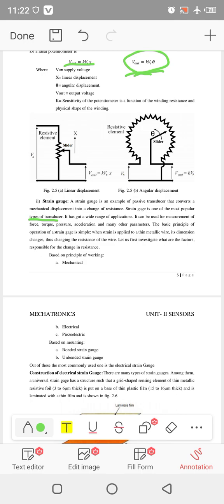The strain gauge is attached to a metallic body, and thus it changes the resistance of the wire. Let us first investigate the factors responsible for change in resistance, based on the principle of working: mechanical, electrical, and piezoelectric. We will see mounting of the strain gauge in detail.